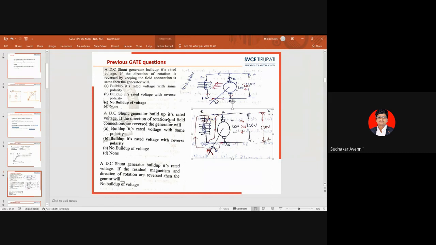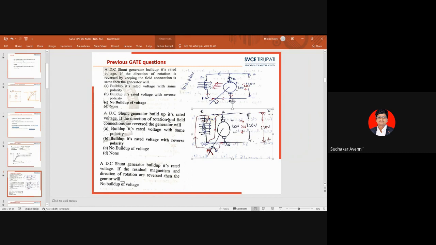If the direction of rotation and field connections are reversed, the generator will: A, build up its rated voltage with the same polarity, B, build up its rated voltage with the reverse polarity, C, no build up of voltage, D, none. Previously only the rotation was changed.